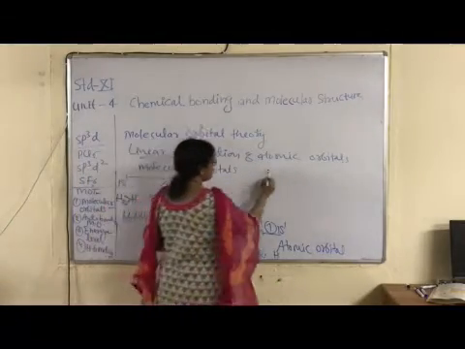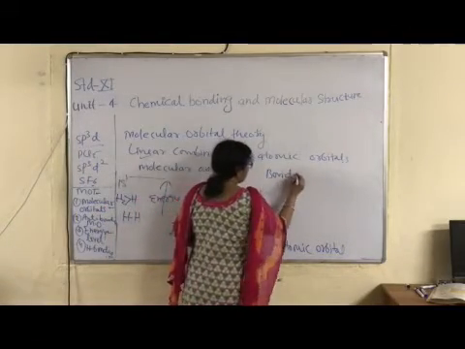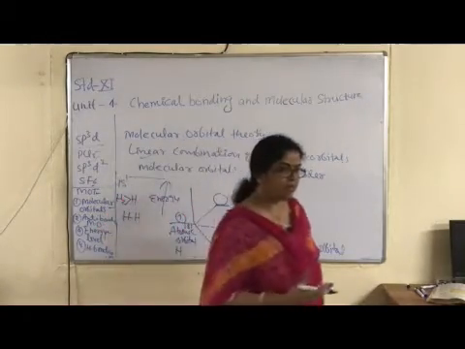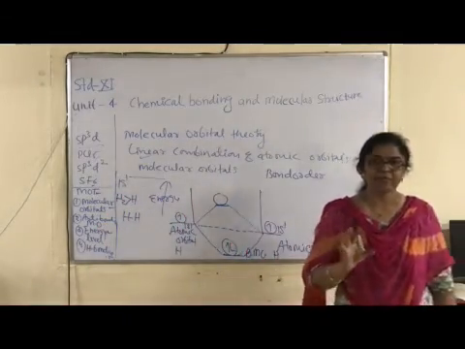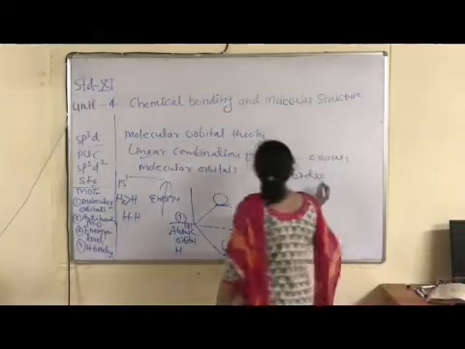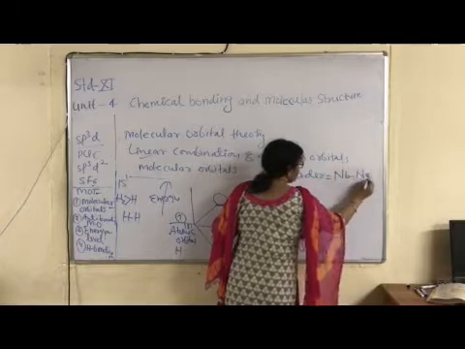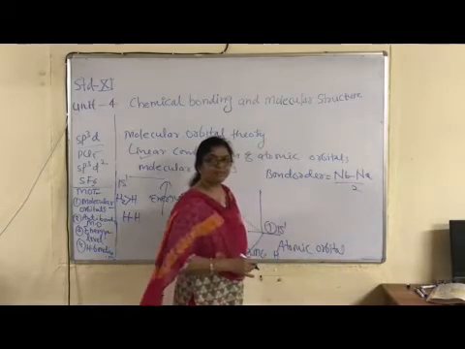For the calculation of bond order, which explains the number of bonds between bonded atoms, bond order is equal to (Nb minus Na) upon 2.